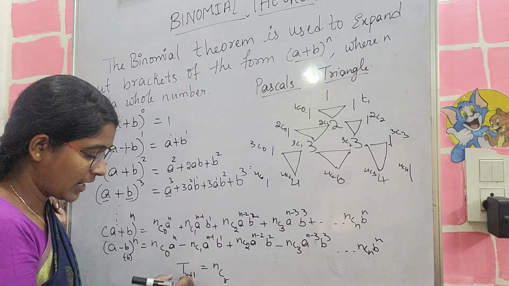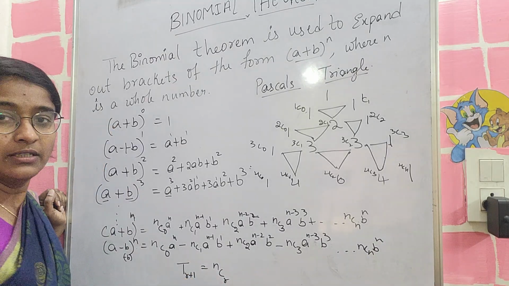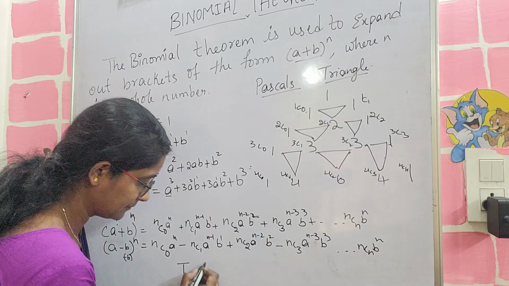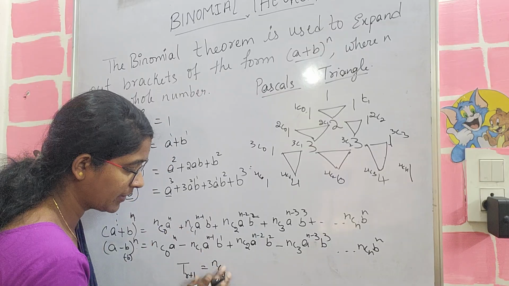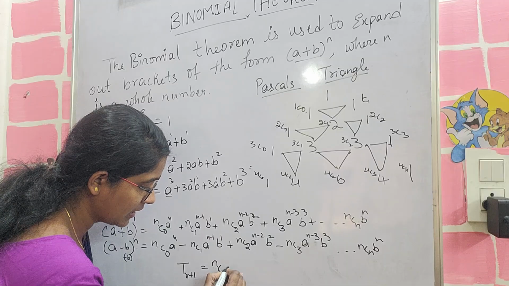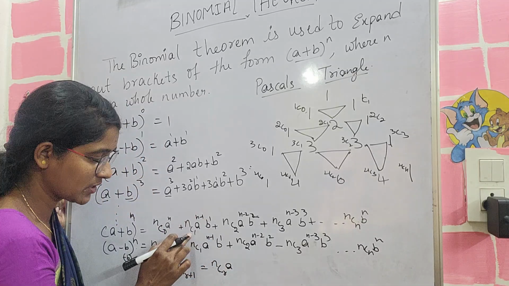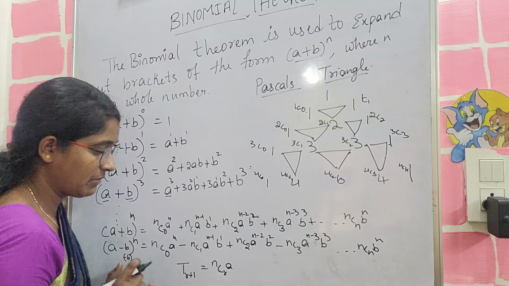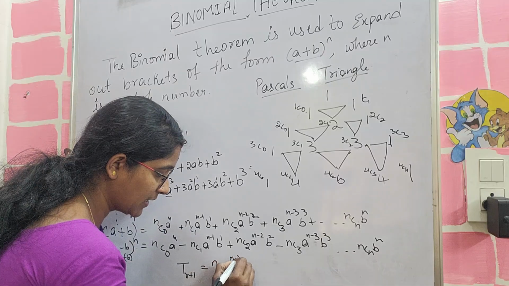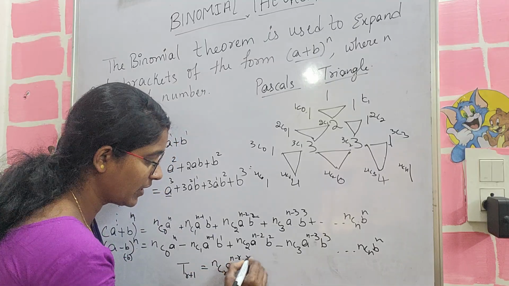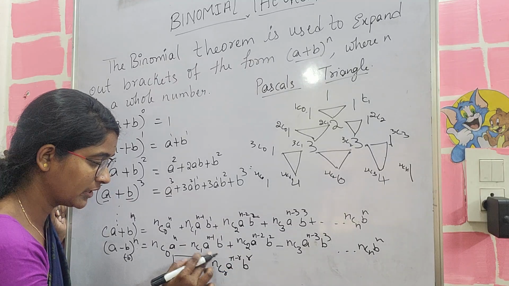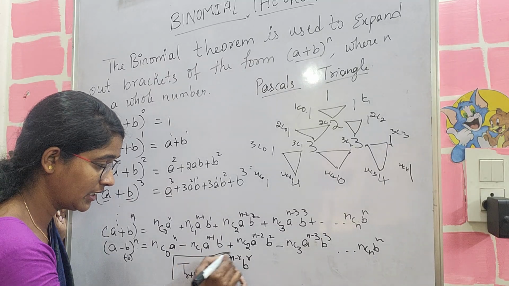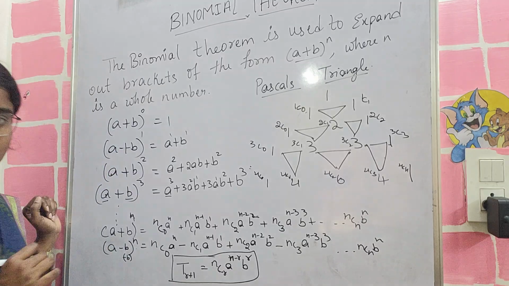So suppose r plus 1, then here your value is nCr, right? Then here what you're going to get, a power of n minus r, whatever the r is here. So here is also n minus r, and b power of r. Any particular term, whatever the term you are taking, you can write it like this.